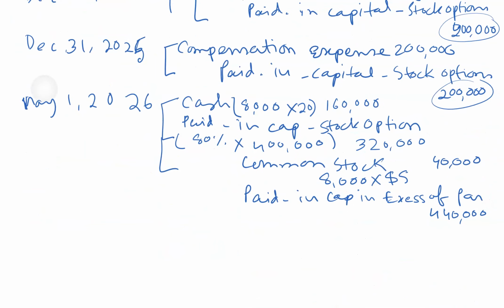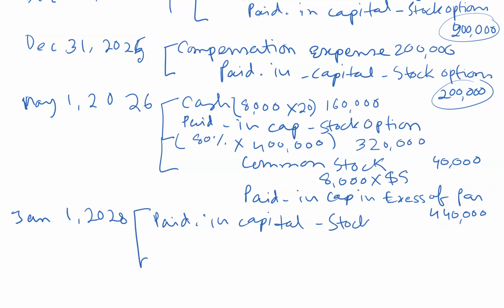We'll eliminate it from the stock option category, and we will now put it in an expired stock option category. So January 1st, 2028, we will just debit paid in capital stock options.